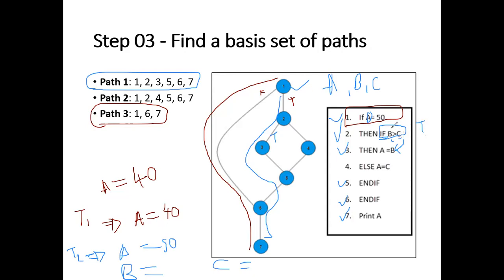It means whatever value I am giving to B should be greater than the value of C. So I can do something like 49 for B, and we can say something like 10 for C. So in that case, this condition is true, then it goes to this particular statement. So this is how you develop your test case, right?